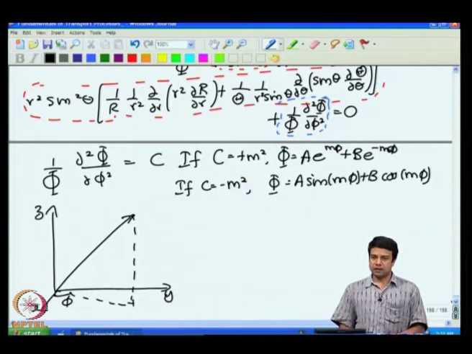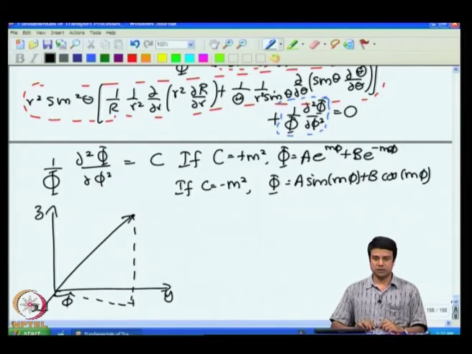When phi increases by an angle of 2 pi, we return to the same physical point in space. Therefore, I should get the exact same solution when phi increases by 2 pi, because the physical location in space is exactly the same.